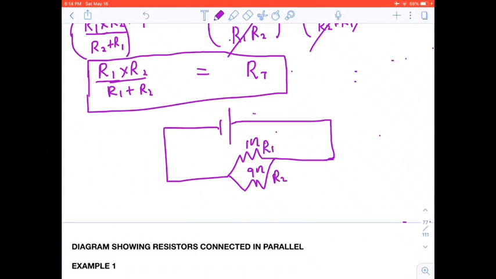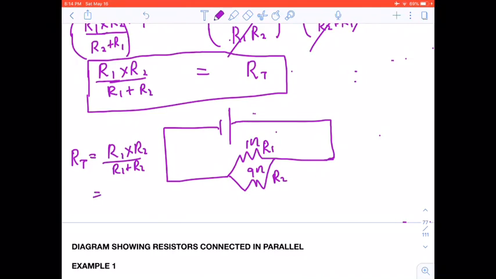If I want the total resistance of this, all I need to say is that R total is equal to R1 times R2 upon R1 plus R2, which would mean 1 ohm times 9 ohms upon 1 ohm plus 9 ohms.